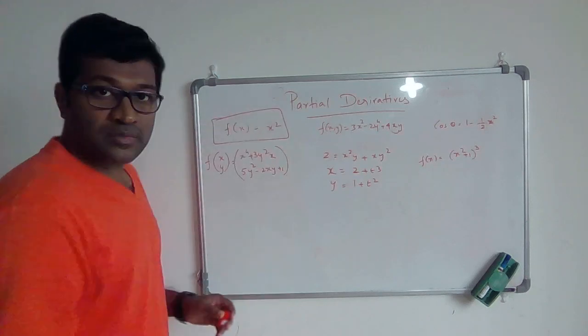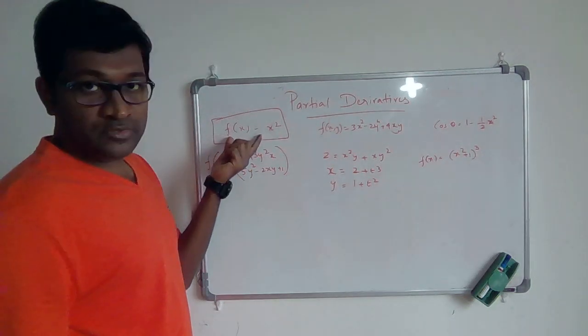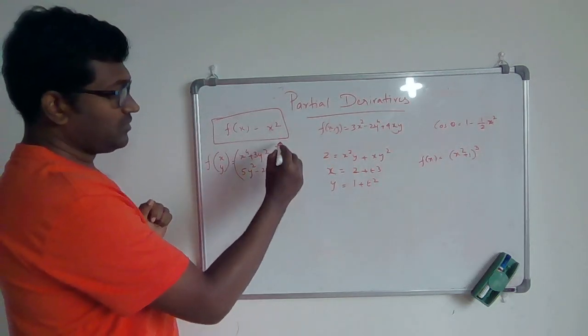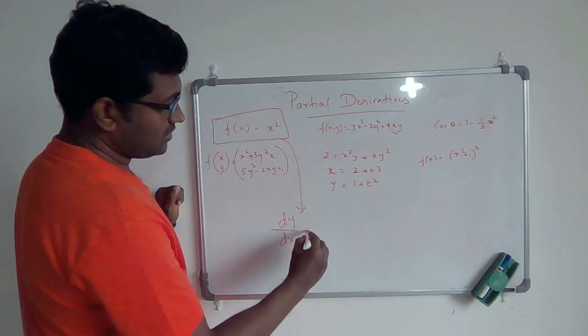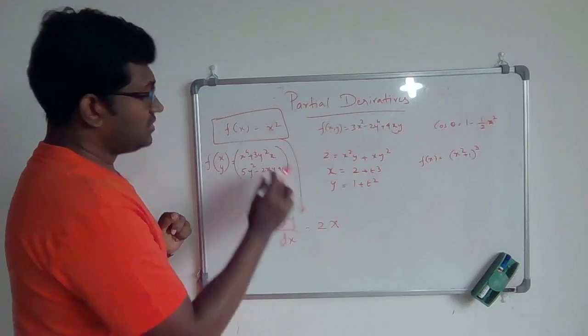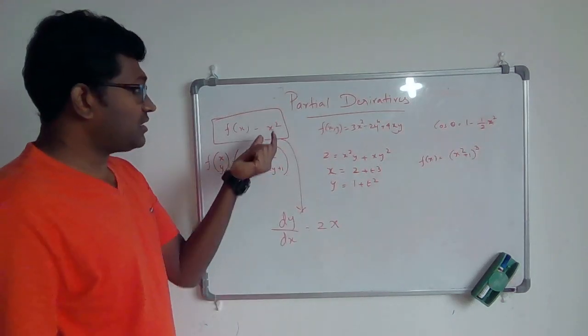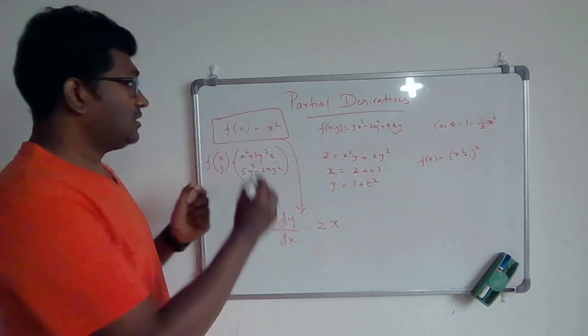F of x is equal to x squared. This is the function we are most used to. What does it say? The derivative dy by dx is equal to 2x. Very simple. It is a univariate function, which means that the output y depends only on the one input, that is x.